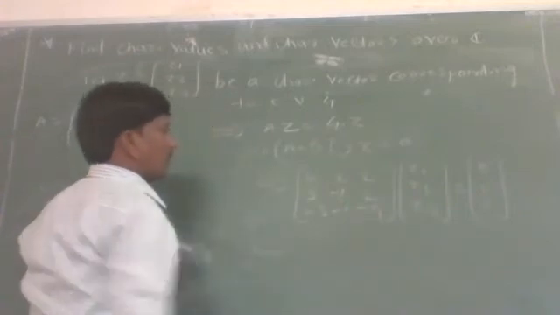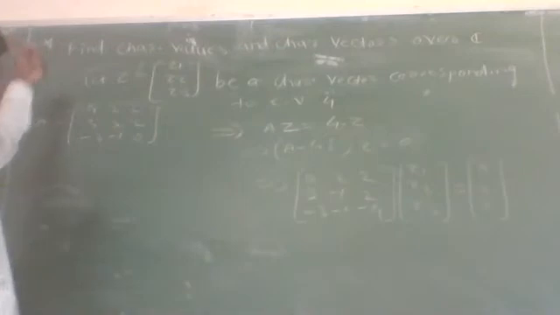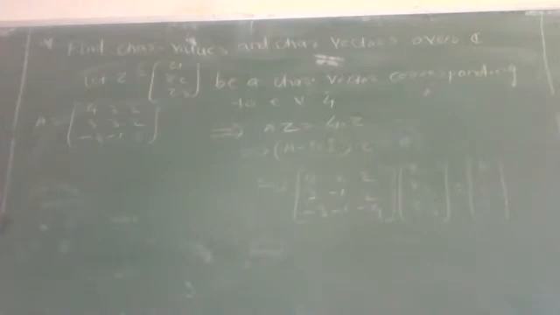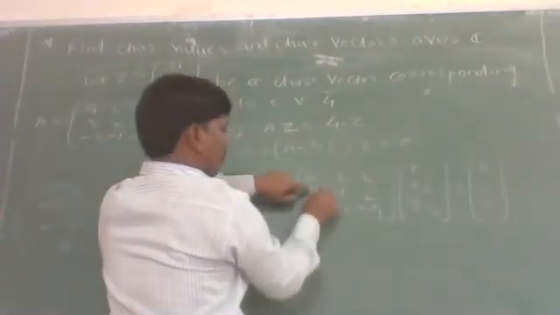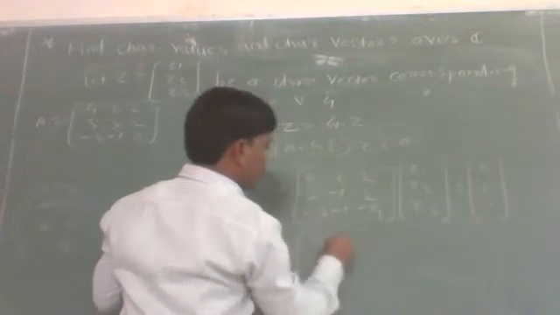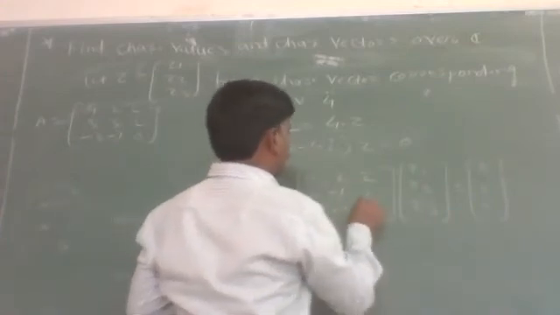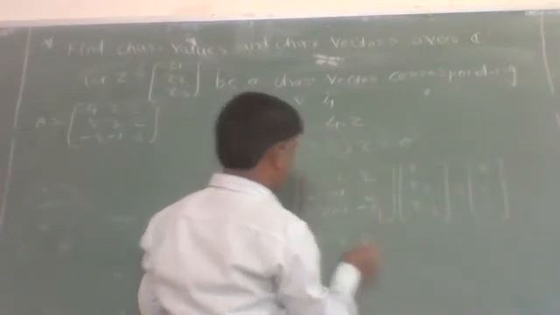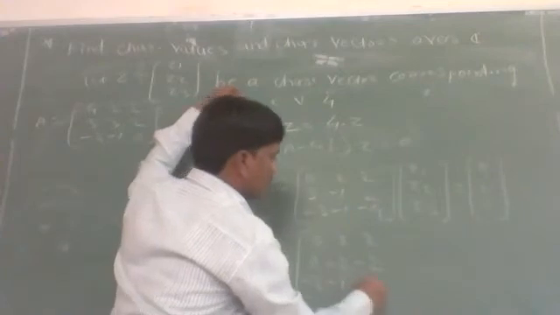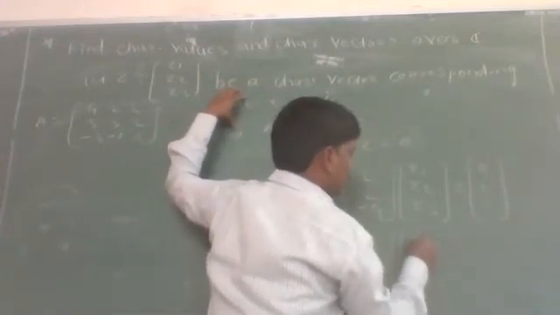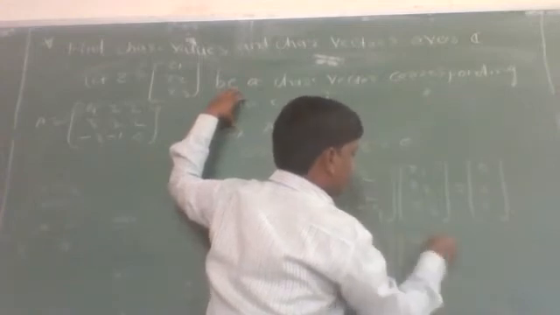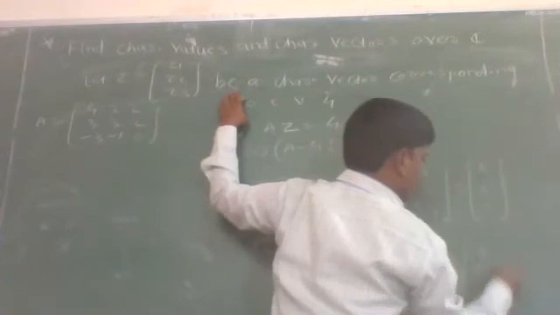Now add r2 plus r3, then we get 0 2 2, 3 minus 3 0, minus 1 minus 1 minus 2, 2 minus 4 minus 2, and which is nothing but minus 3 minus 1 minus 4, times z1 z2 and z3, which is nothing but 0 0 and 0.